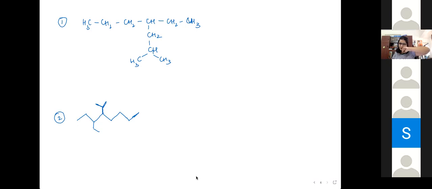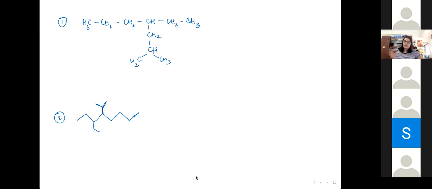Ritu, no. Second one. Check it. Ritu, longest chain always takes precedence. If you have multiple options for longest chain, but one is less complicated than the other, then you go for the less complicated one.